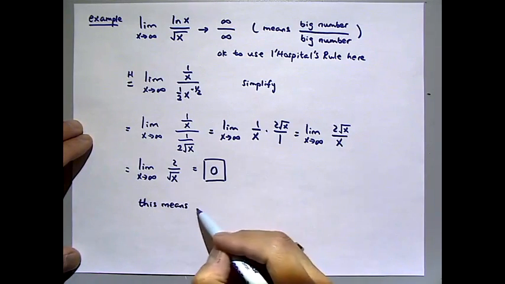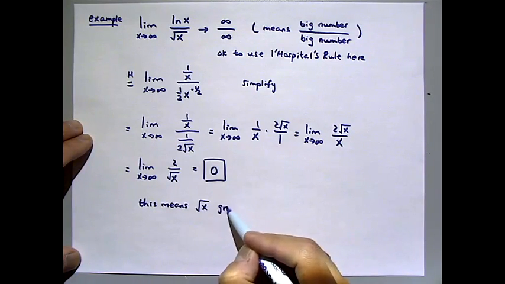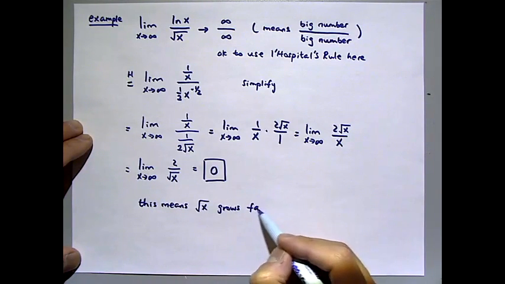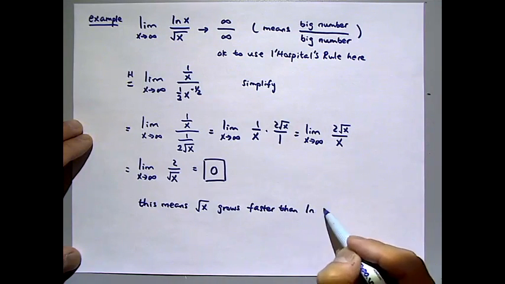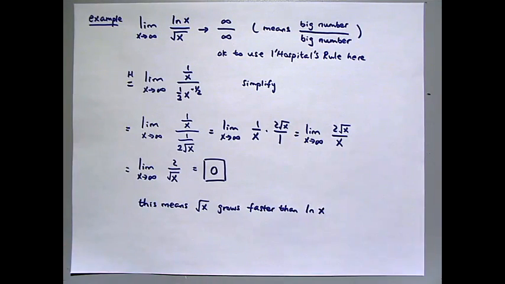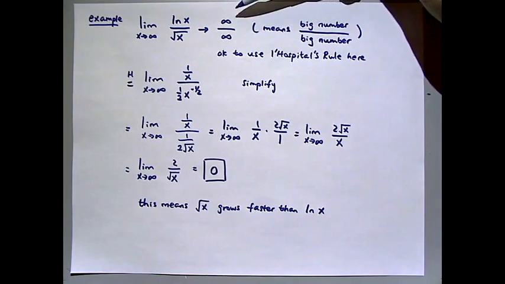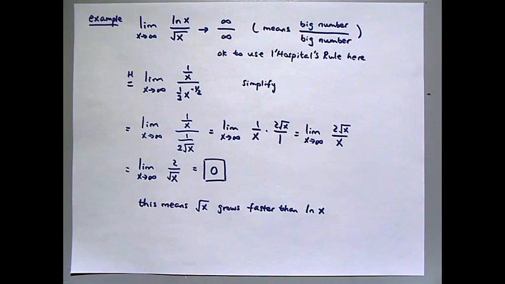So this means radical x grows faster than ln of x. Even though they both go to infinity, the denominator is going to infinity much, much faster than the numerator. Therefore, the denominator is always going to be bigger than the numerator by quite a bit. And in the end, we always end up getting a small number.